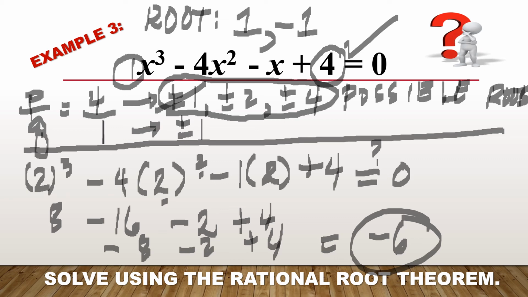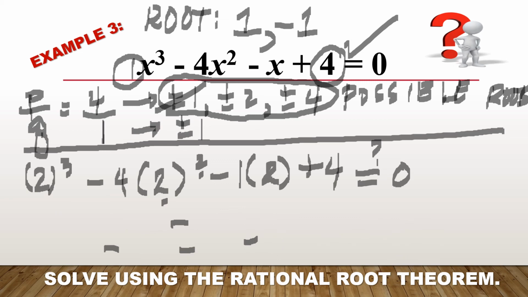Now, let's erase and replace 2 here with negative 2. Or simply, let's put negative later. So, let me erase all this. Let me just put negative beside 2. So, we are now solving whether negative 2 will be a root of the given polynomial. Negative 2 cubed is negative 8.